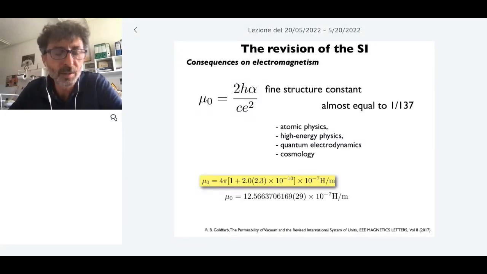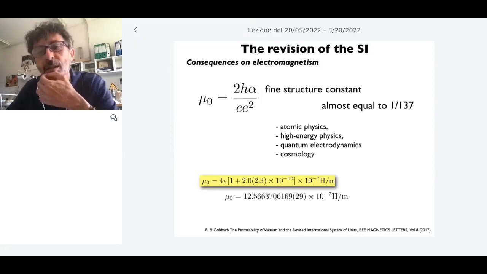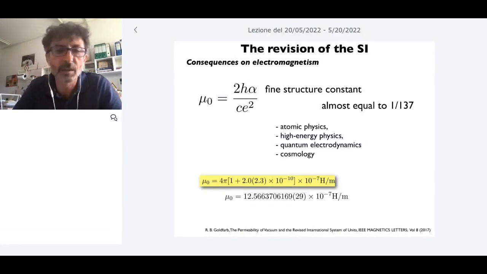As far as I know, there has been discussion concerning the fixing of the elementary charge or not. This was discussed, but there were very strong positions in favor because of the Josephson effect, and we cannot fix both the elementary charge and the magnetic permeability.